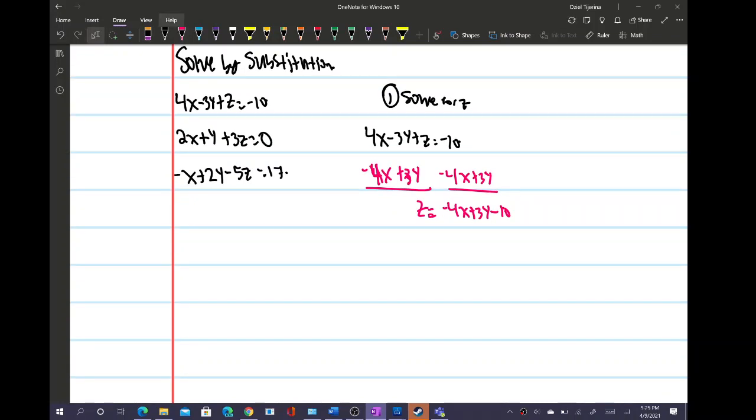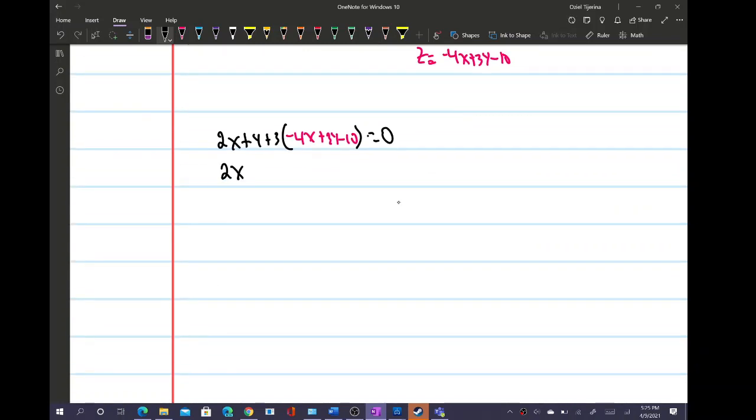So you're going to say 2x plus y plus 3 times the quantity negative 4x plus 3y minus 10, and then that'll be equal to 0. So then you would have 2x plus y minus 12x plus 9y minus 30 equals 0.